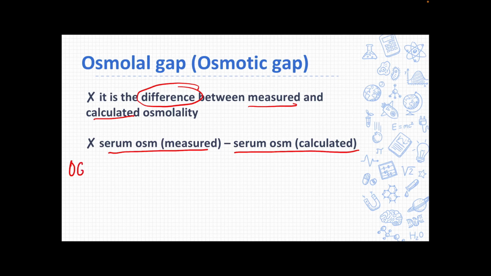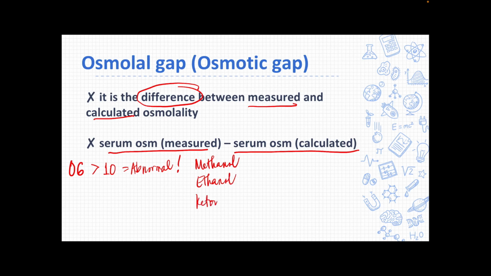And take note of this one, an osmotic gap greater than 10 is already considered an abnormal result. This abnormal osmotic gap indicates the presence of osmotically active substances. So we have here methanol, also ethanol.